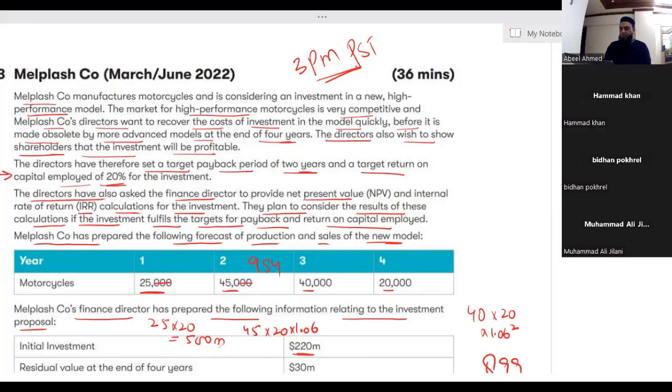Let us all meet tomorrow at the same timing, 3 p.m. PST, Pakistan Standard Time. Then we'll discuss tomorrow.